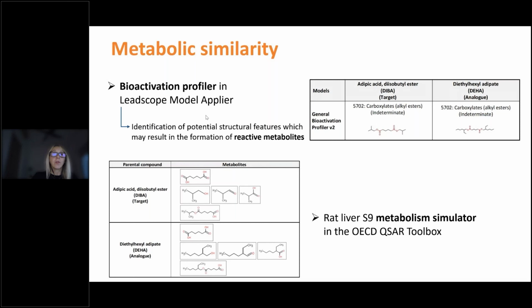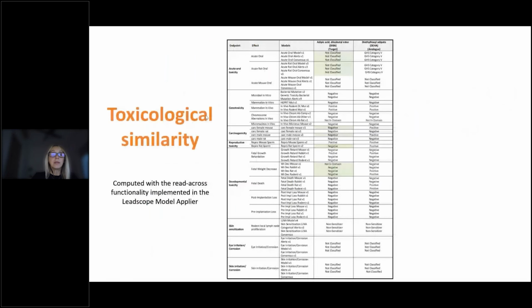Finally, but not for this reason less important, is the assessment of toxicological similarity of the analog as compared to the target. And this is another very relevant and crucial piece of information in the context of read-across justification.